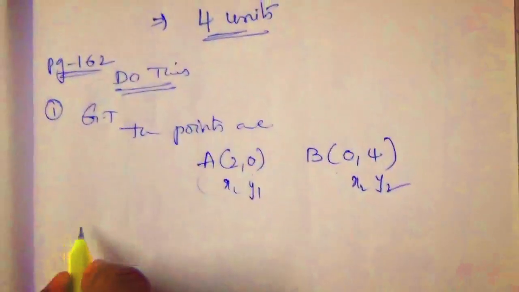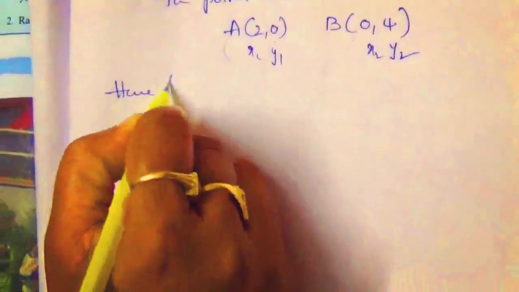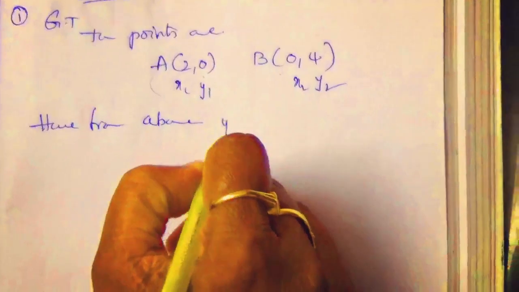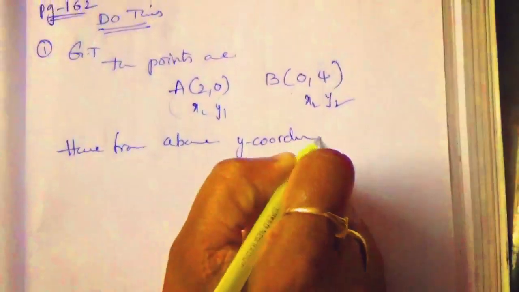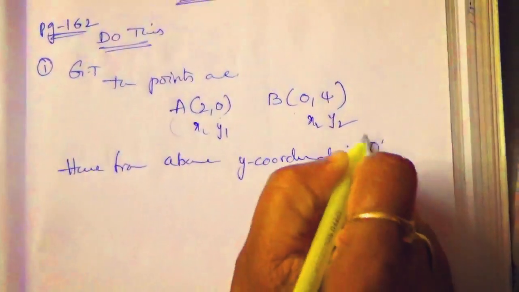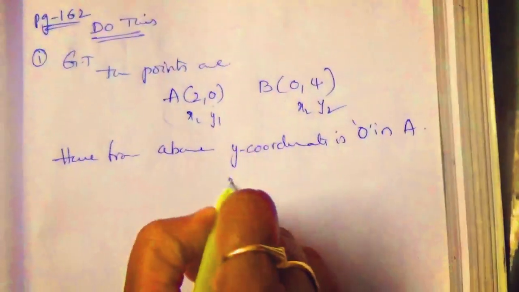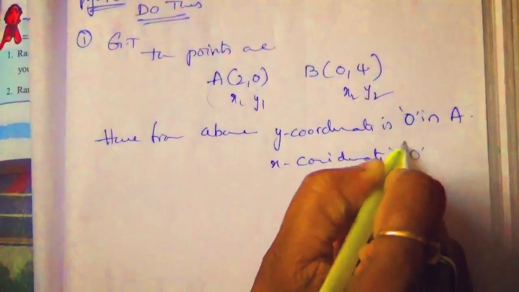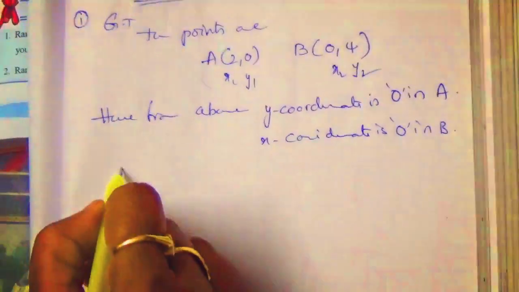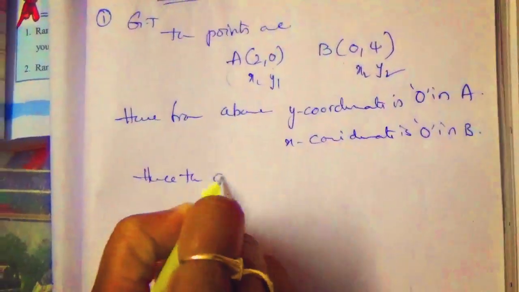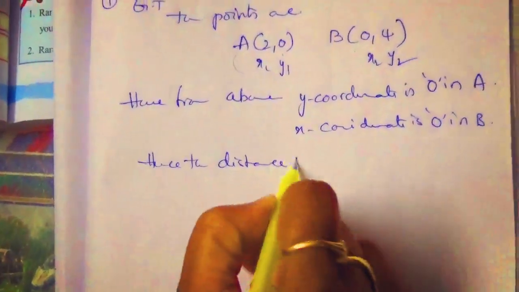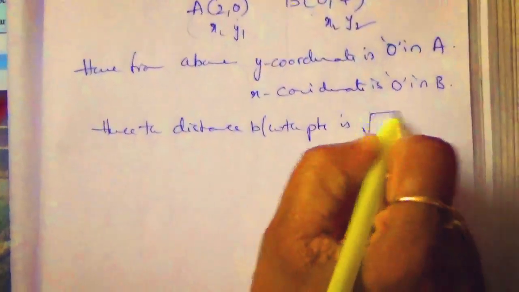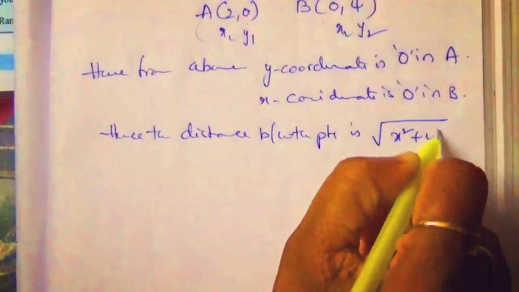Then the formula is from above: the y coordinate is 0 in A, the x coordinate is 0 in B. Hence the distance between the points is the square root of x square plus y square.